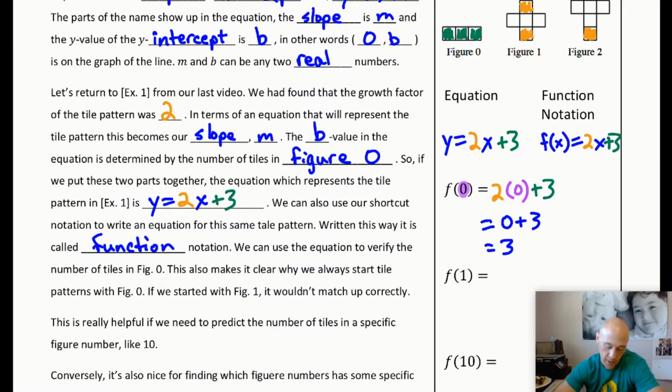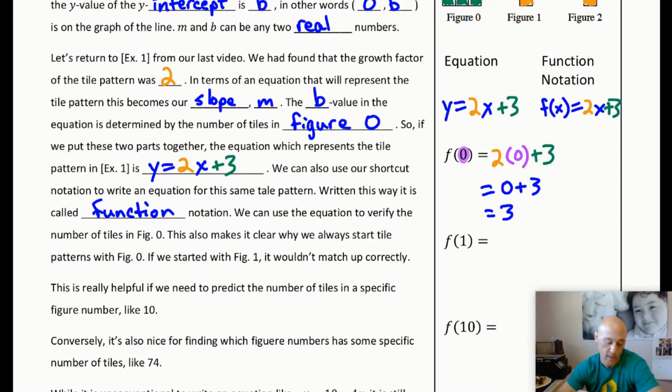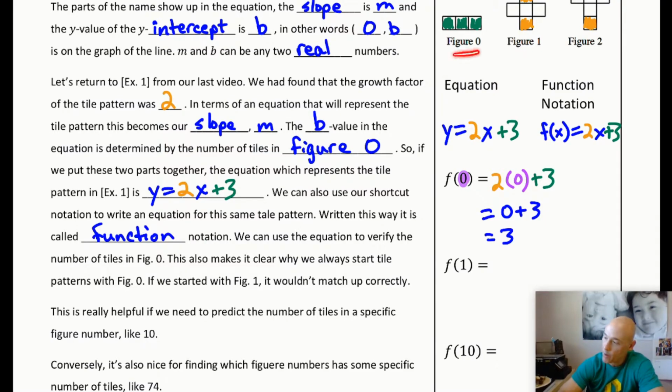And when we do this, it makes it clear why we always start a tile pattern with figure 0. Remember I had said we have to start with figure 0. We don't start with figure 1. And that's because if we plugged 1 into the equation, we have 2 times 1, and then plus 3. 2 times 1 is 2, plus 3, and 2 plus 3 is 5.